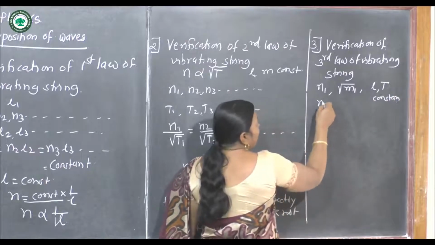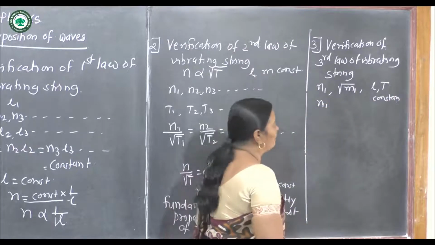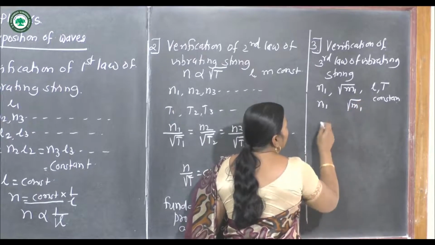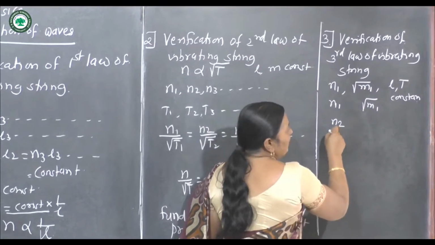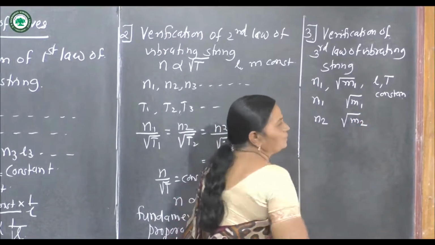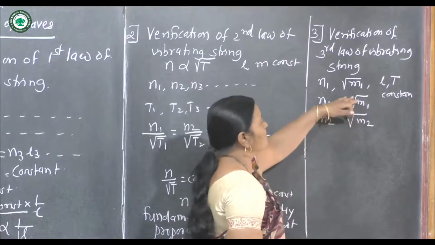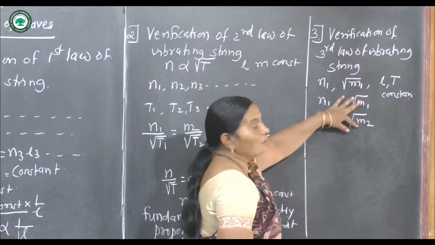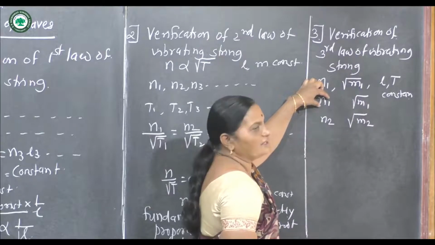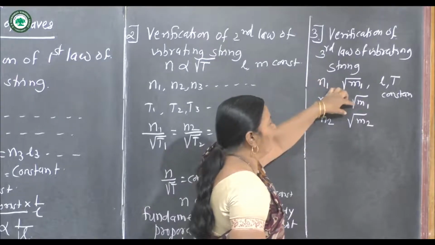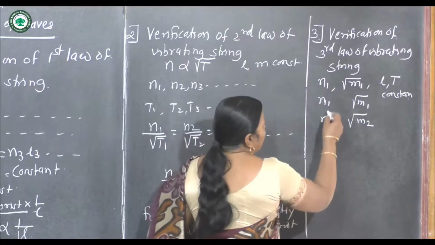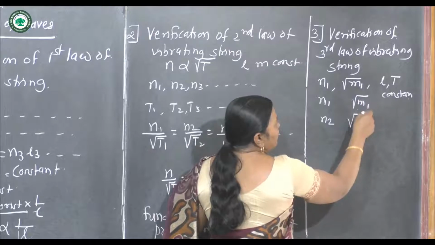Now we take the frequency of tuning fork N1 with corresponding linear density M1. Another tuning fork has frequency N2 and linear density M2. That is, in both cases we take two different wires. Then where length and T are constant, we take the mass per unit length.